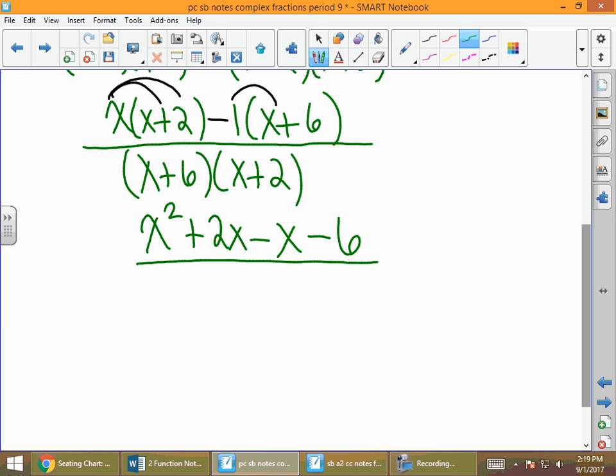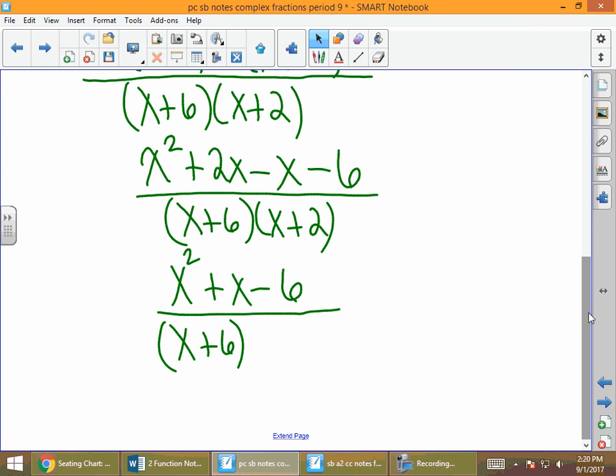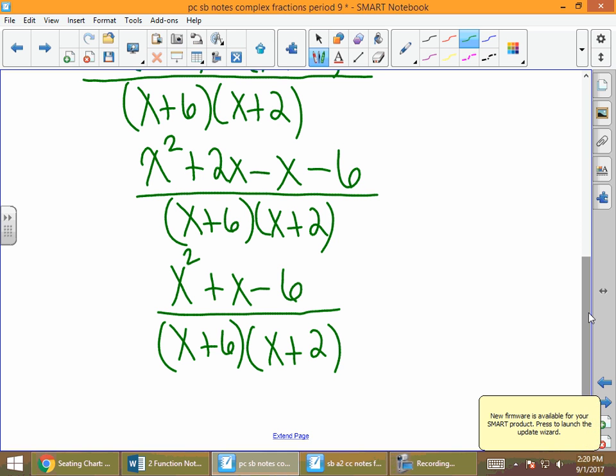And we have x plus 6 times x plus 2 still in our denominator. We combine like terms, and we have x squared plus x minus 6 over x plus 6 times x plus 2.